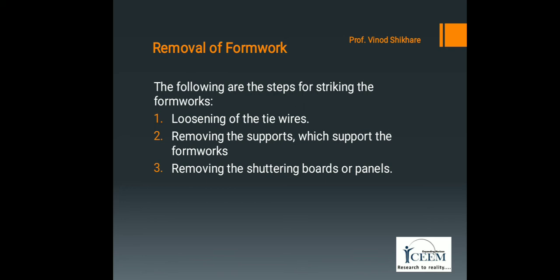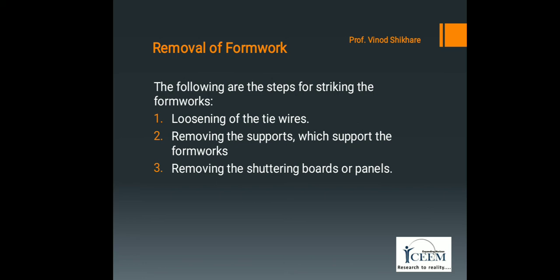The site engineer, before issuing instruction, should make sure that the concrete has attained sufficient strength to carry its own load and any other load which it carries at the top. The sides of the formworks which are not loaded by weight of concrete members should not be removed before the concrete gains strength.